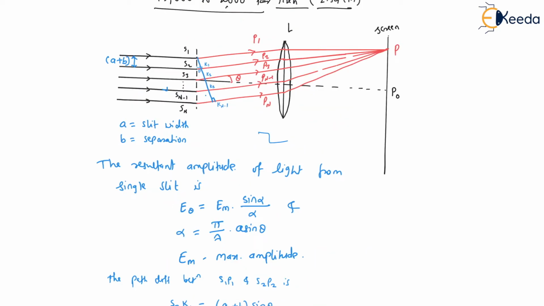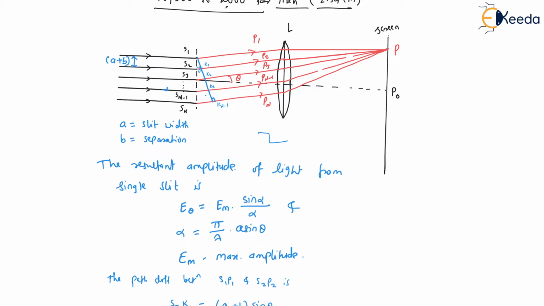Always remember that every slit gives rise to a diffracted beam whose intensity depends upon the slit width, and all these diffracted rays interfere to produce the final diffraction pattern on the screen.